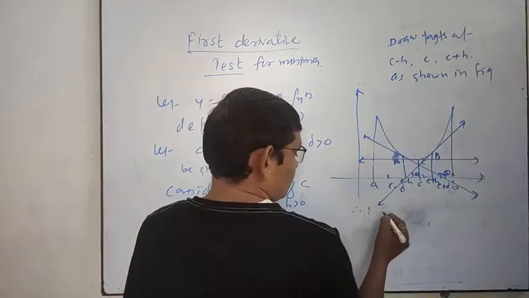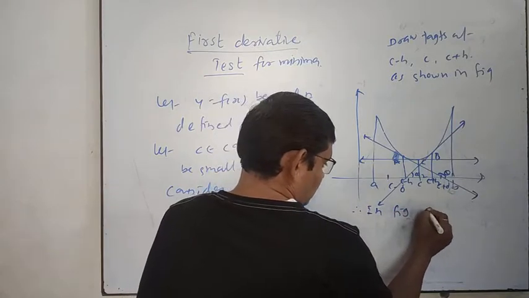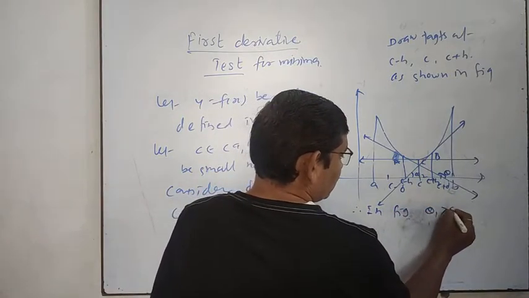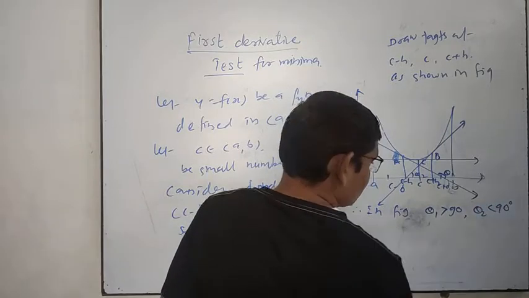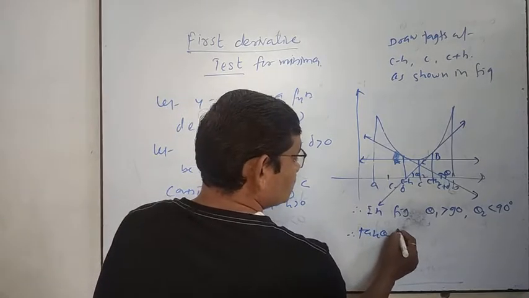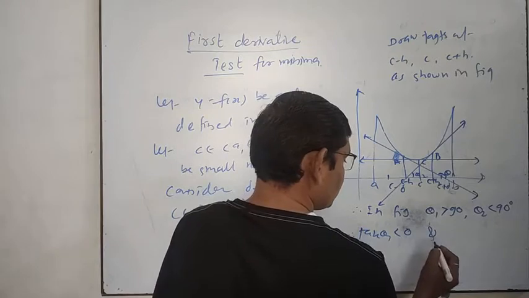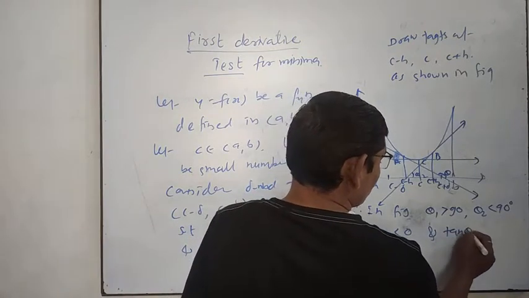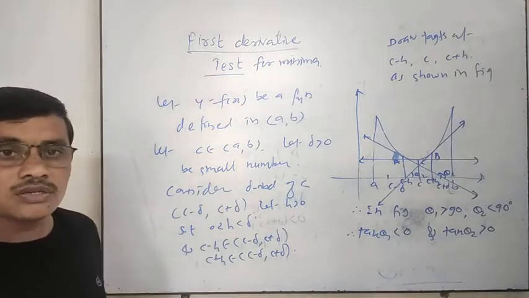Now in the figure, theta 1 is greater than 90 and theta 2 is less than 90. Therefore tan theta 1 is less than 0 and tan theta 2 is greater than 0. One is an acute angle, the other is an obtuse angle.